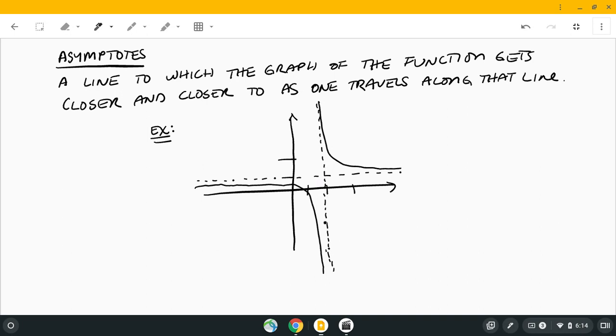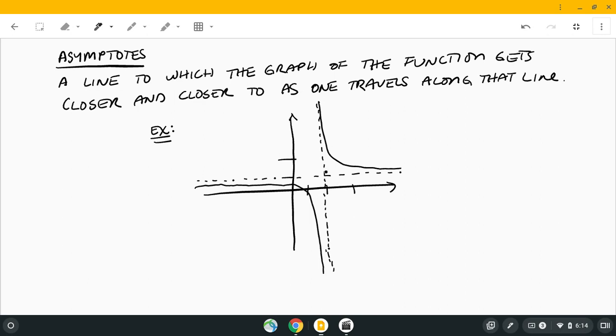As I travel along this line, this graph gets closer and closer to it. Same thing if I go in this direction, this graph gets closer and closer to it. And the same thing with this line. As I travel downward, I see that this graph gets closer and closer to that line.